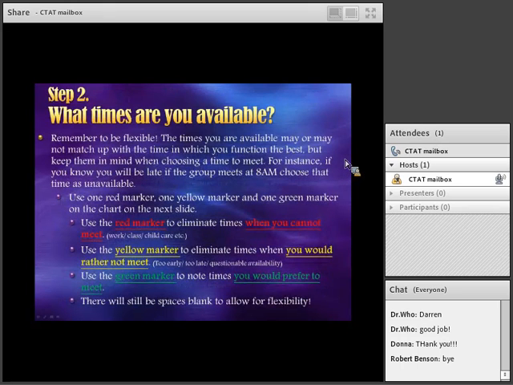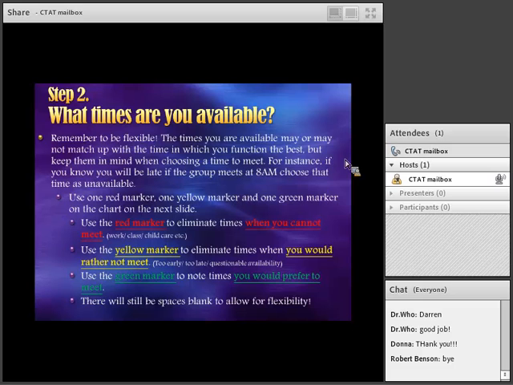Okay, step 2 is, what times are you available? This sounds like a simple question, but to our students who are working and have children and are doing 5 million things, this can be really complicated. So rather than just saying, here's when I can, here's when I can't, we suggested a traffic light system of red, yellow, and green, where the students mark out when they can't meet and when they would prefer to meet or prefer not to meet.